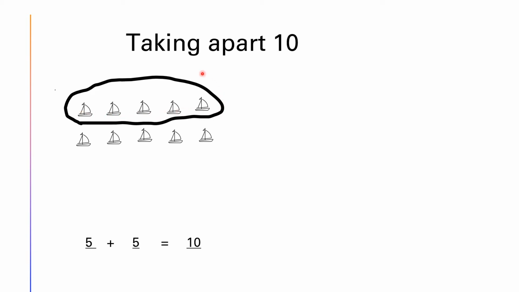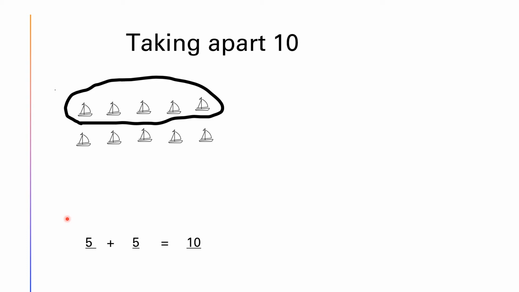We know that in a 5 group of 10, you have 5 on top and 5 at the bottom. So how many circles are at the bottom, kindergarten? That's right, 5. We know that our two parts that make 10 are 5 and 5.